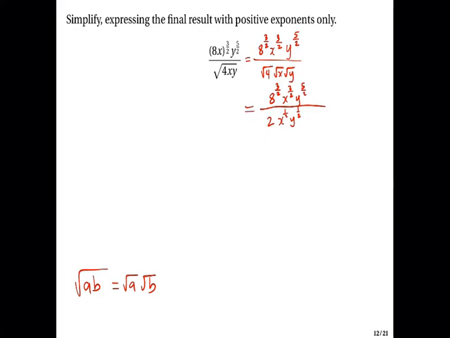Okay? Now, look at this. Your 8, it's 2 times 2 times 2. Correct? So, you will have 2 cubed raised to 3 halves. Okay, 2 cubed, that's your 8.